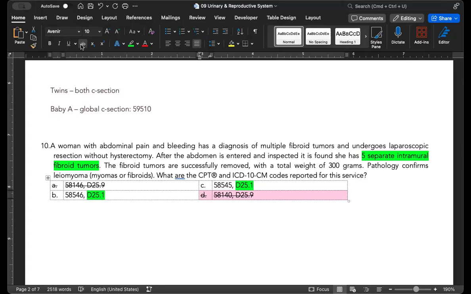And then 58546 is the same surgical laparoscopy, myomectomy, excision, 5 or more intramural myomas, and or intramural myomas with a total weight greater than 250. So we had 5 separate and a total weight of over 300 grams, not pounds. That would be a lot, right? So we need 58546. Yep.